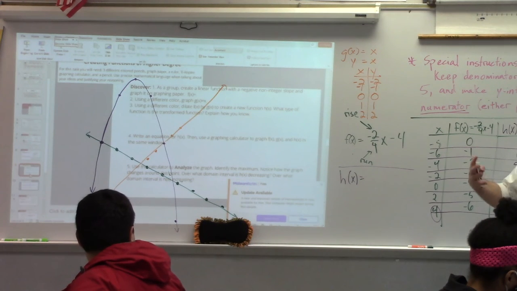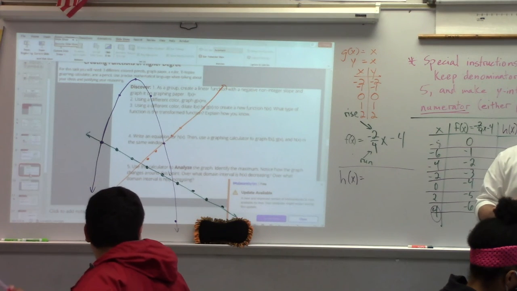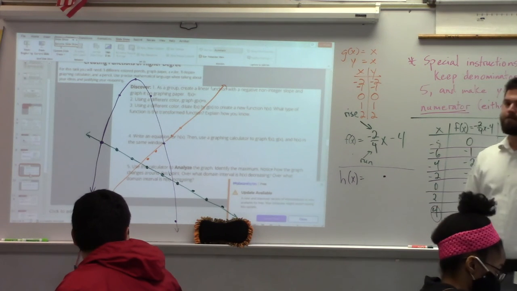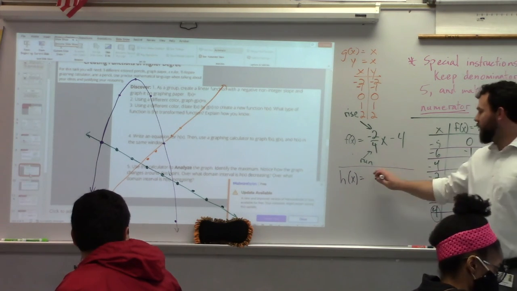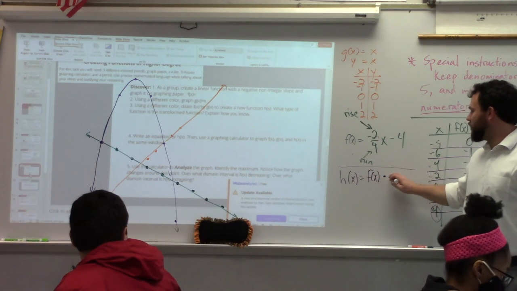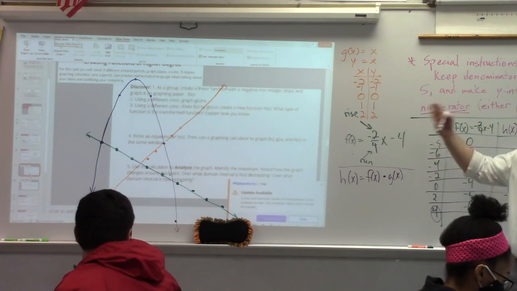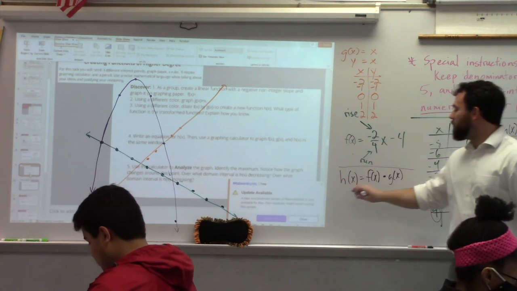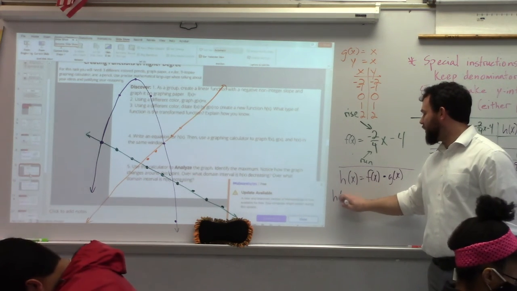What did we do to get that parabola? We multiplied, we dilated, what by what? F of x by g of x, technically. Remember, that's what the original set of directions say, right? Dilate f of x by g of x. But we know a little bit more than just that.